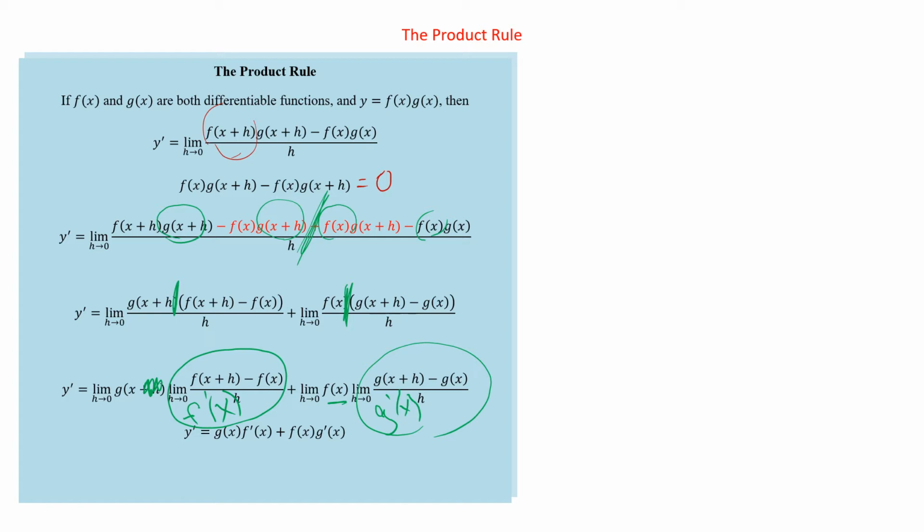We have two things multiplied. We're going to take something times the derivative of the other plus the derivative of the first times whatever the second is. Another way of writing it, which we actually use a lot, is if y equals u times v, then y prime equals u dv plus v du. And actually defining what those u's and v's are in each of them is important.